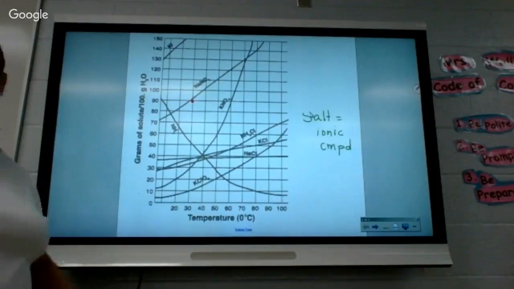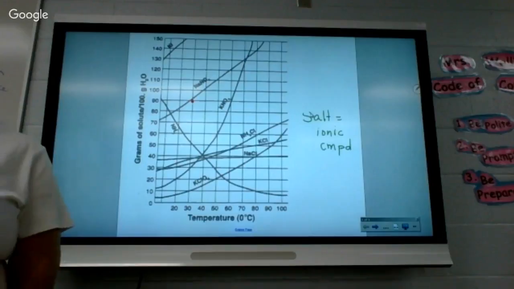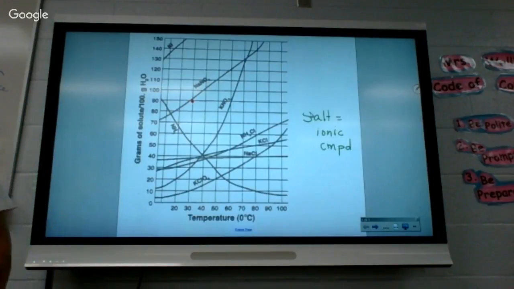All right, so I just said it was unsaturated because it's below the line. For me to be saturated, it has to be where? On the line. Is it on the line? No. So I just said unsaturated. I know a lot of you would have looked at that and probably said, it's close enough, it's on the line, and said saturated. But for me, is it on the line? No, it's not on the line. It's below the line, so I'm going to say it's unsaturated.